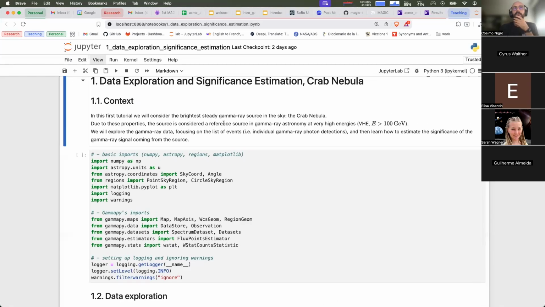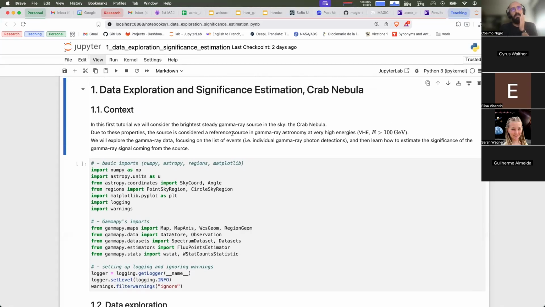So in this first tutorial, we will consider the brightest steady source in the gamma ray sky, the Crab Nebula. Since it is the brightest source whose flux doesn't change, with a small exception at high energies, it's considered a reference source.